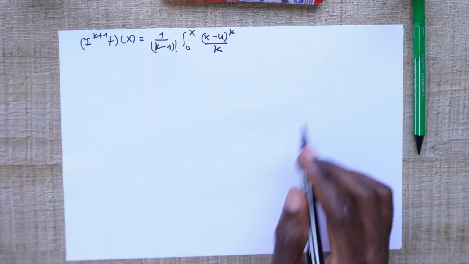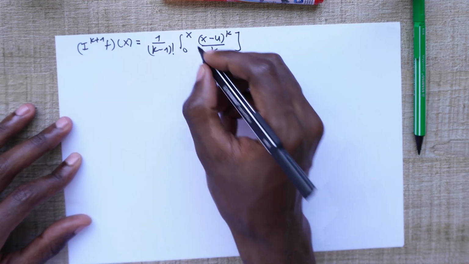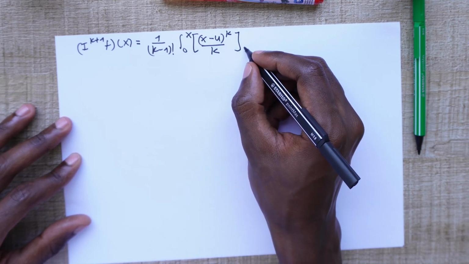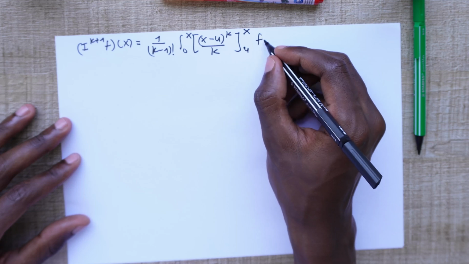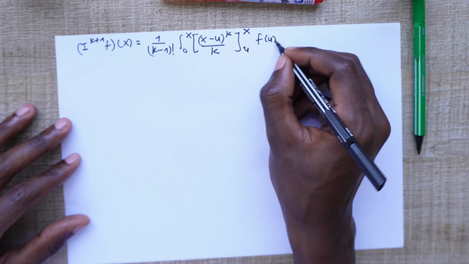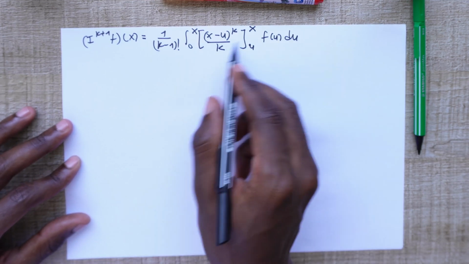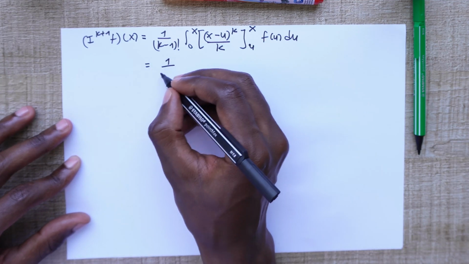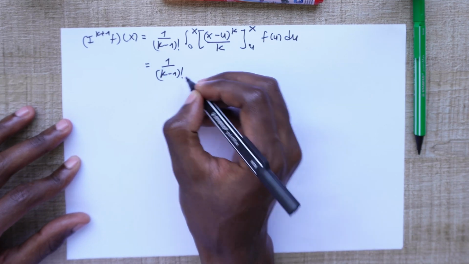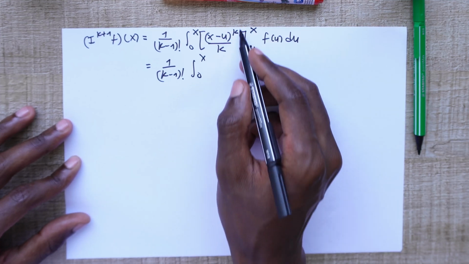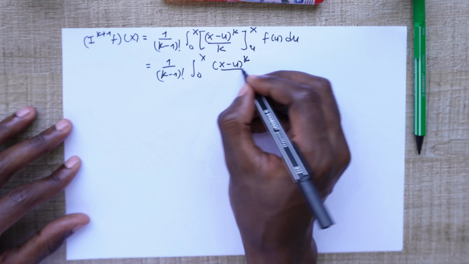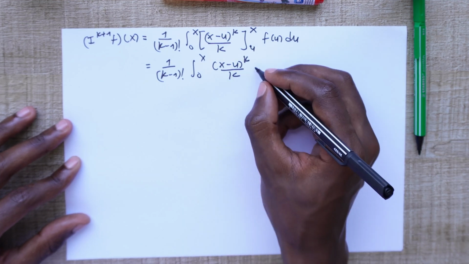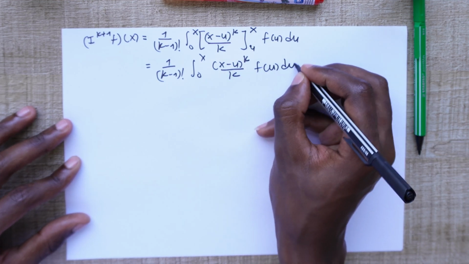Hope that's clear. Then we put in the boundaries. The boundaries go from u to x, and then we add f of u du. And if we substitute those boundaries, we can simplify this further as integral from 0 to x. This is going to remain x minus u to the power k over k, if you substitute the boundaries, and then you're going to have f of u du.